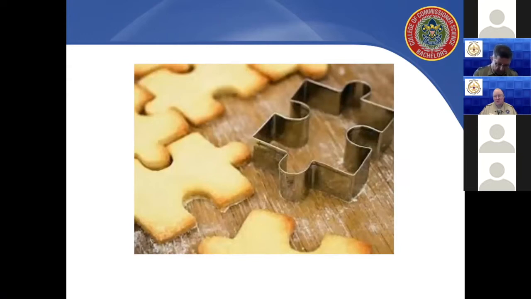There isn't a one-size-fits-all. On the screen, we've got a cookie cutter, and in this case, a puzzle piece, and we just can't take an individual, ask them to be a commissioner, and expect them to be able to fit in the same way with every single unit. Each unit has unique needs. Each unit has unique resources and capabilities, and we'll be most successful if we work to find people who will match with those units and with those unit leaders.